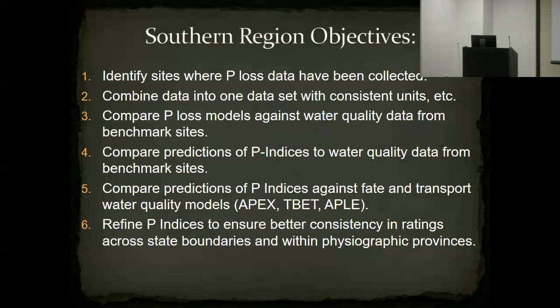You have data collected in different states by different researchers, in different decades, and trying to get that combined together, and then going back to these people. Some is published, some is not, some had rigorous QA/QC, some did not. And that's one of our lessons learned, when you collect data.